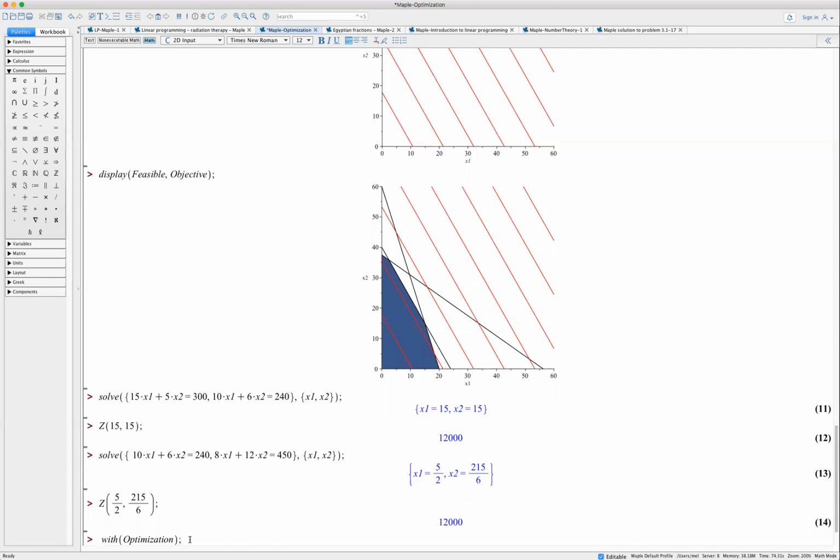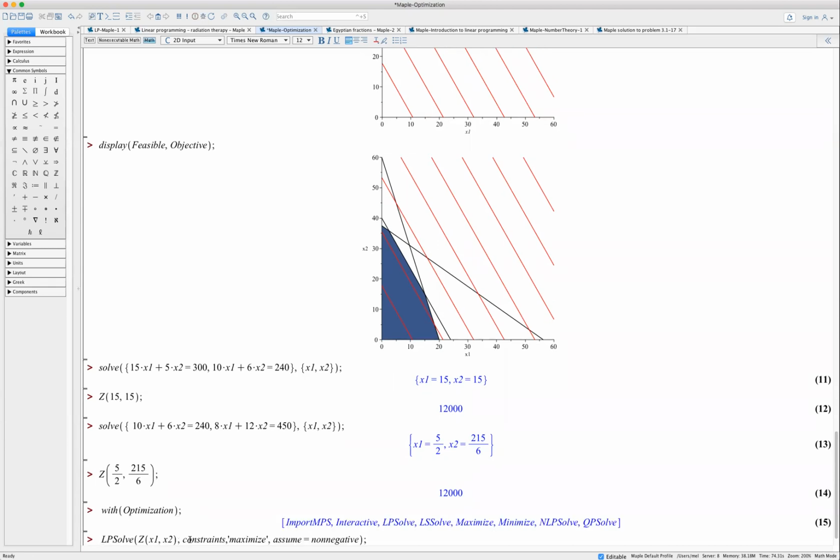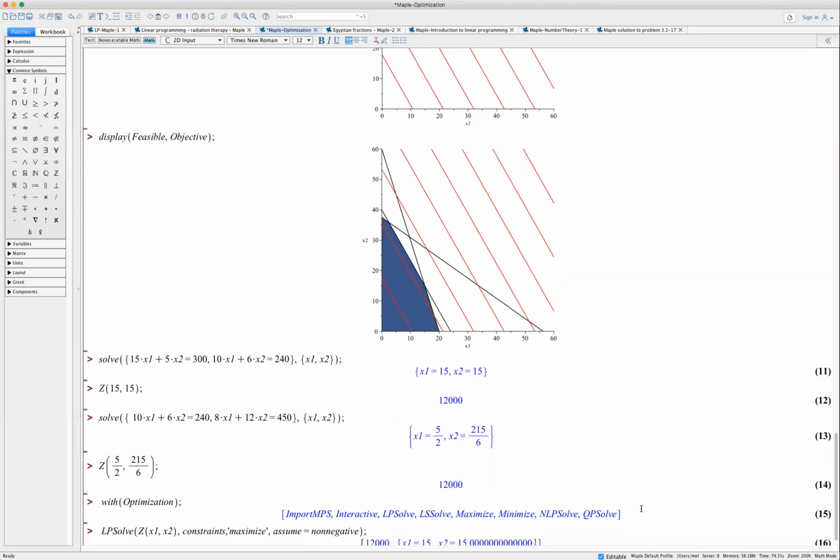Okay, so now this is the new command for today. There's a package of commands in Maple called optimization. You open the package with the with command, so with optimization, and you get 1, 2, 3, 4, 5, 6, 7, 8. You get 8 new commands that we can use.